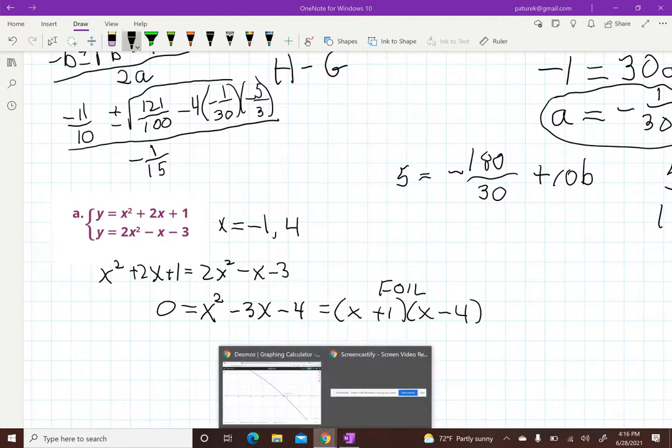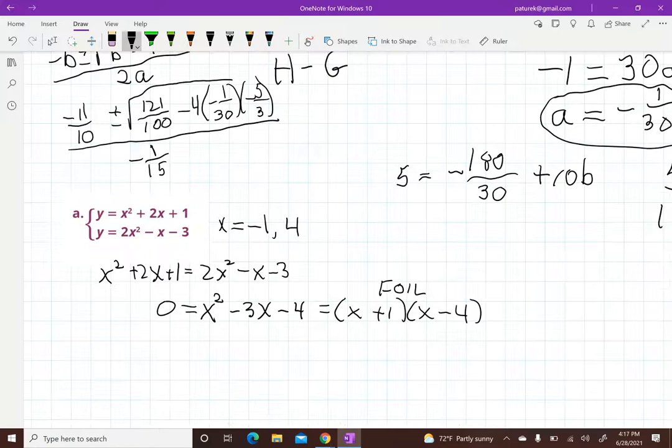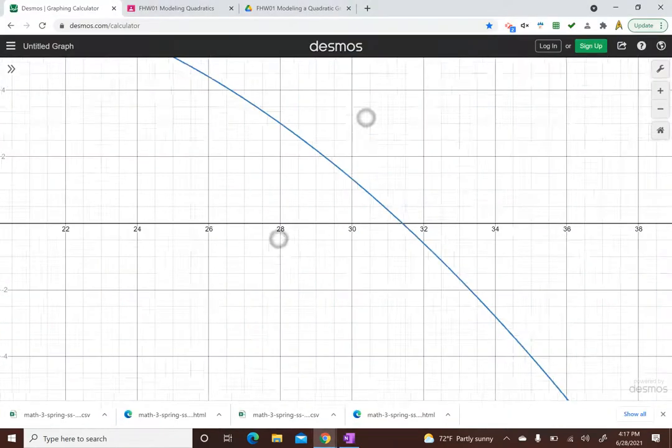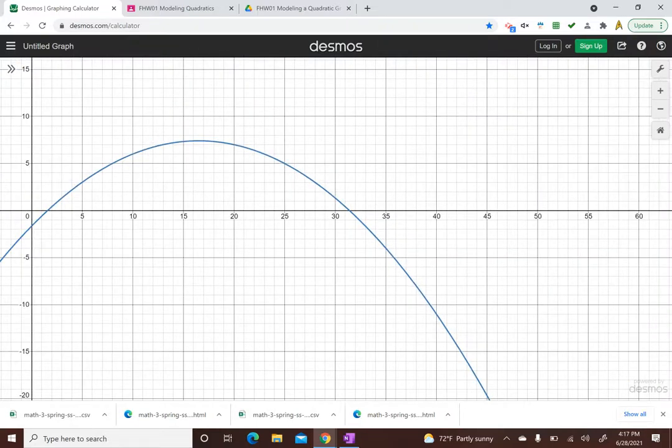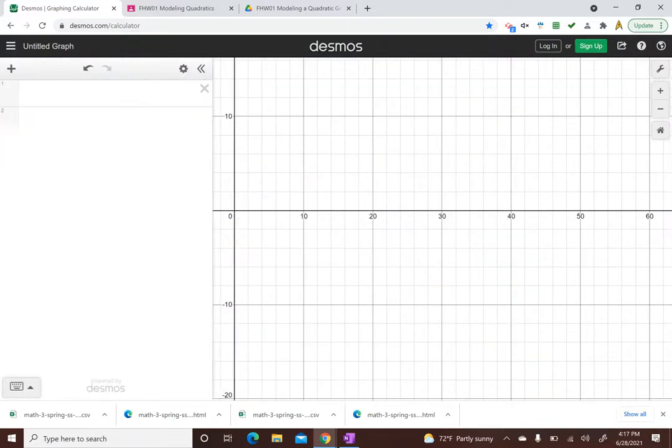Hello, where's Mr. Desmos? There it is. Clear out the last problem because we don't need a previous problem anymore, do we? Great. And now I'm going to put in these two. So y equals x squared, it's fun to see Desmos work so hard, we graph it in real time, plus 2x plus 1.